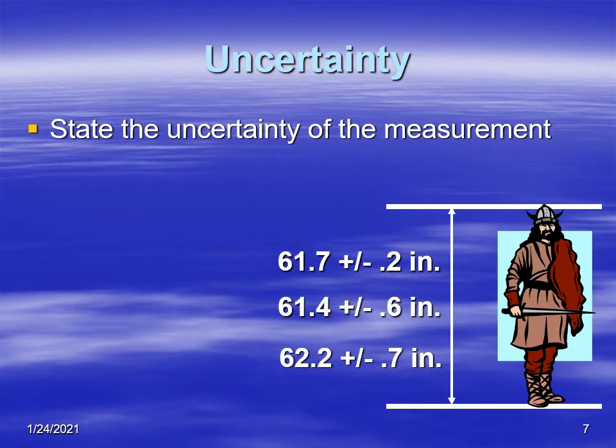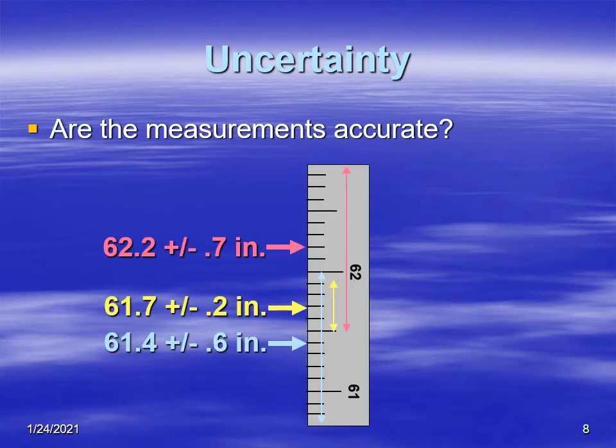What we need to do is state the uncertainty of each measurement. Looking at this, you can see that there is a region where the measurements overlap, and probably that is where the true value lies.